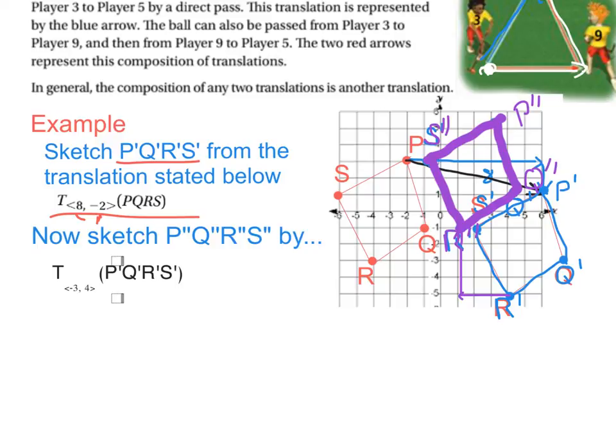Now we can look at what the transformation would be if we just did one translation that incorporated both of these at the same time. Let's look at our picture. We could start, let's look at R. R to R prime goes right here. So R to R prime, notice that's 5 in the X direction and 2 in the Y direction.